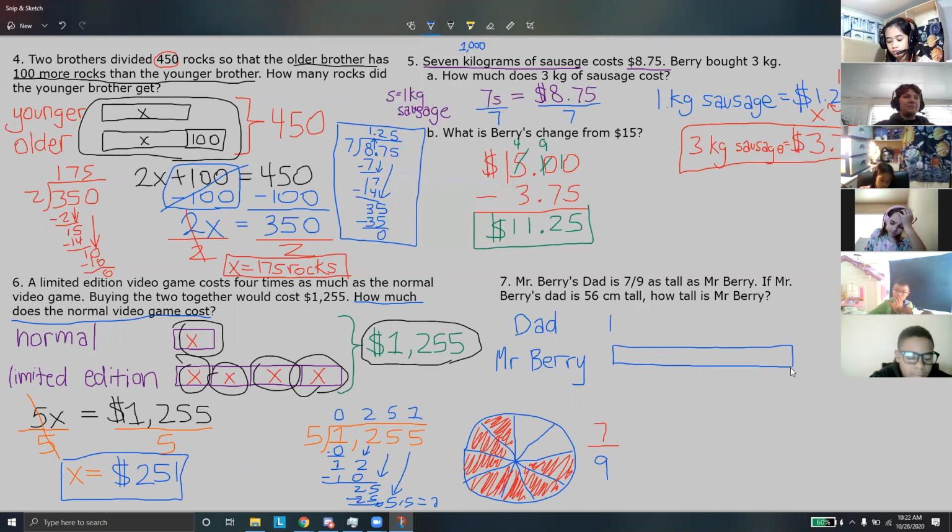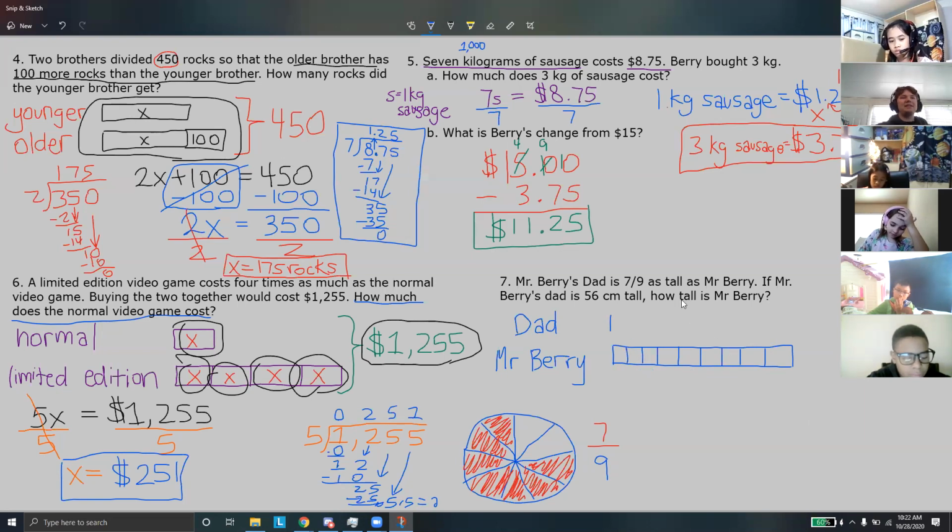So if I split Mr. Barry into 9 even segments, 1, 2, 3. See if I can make it like that. There we go. That's pretty all right. Let's make sure this is 9. 1, 2, 3, 4, 5, 6, 7, 8, 9. Good. I split my bar into 9 even segments.